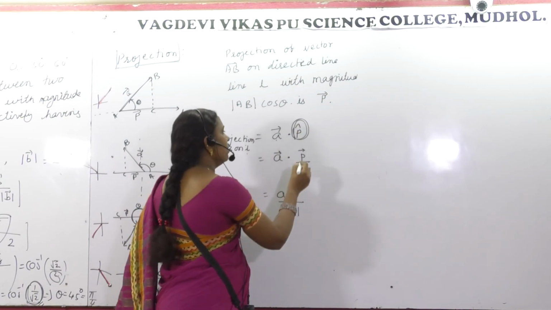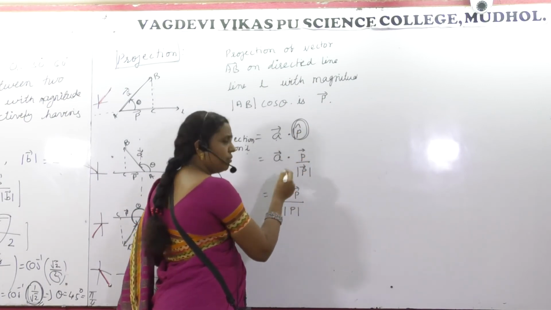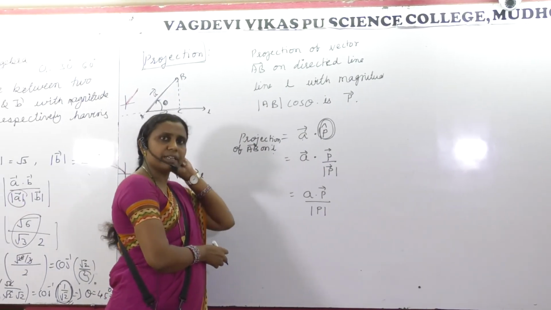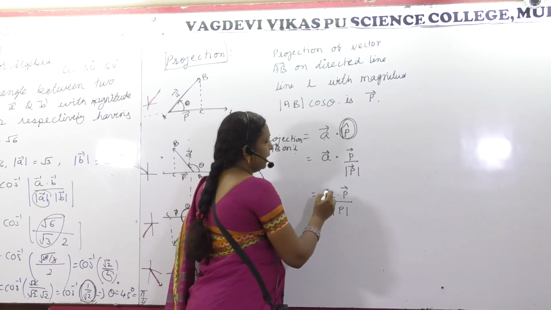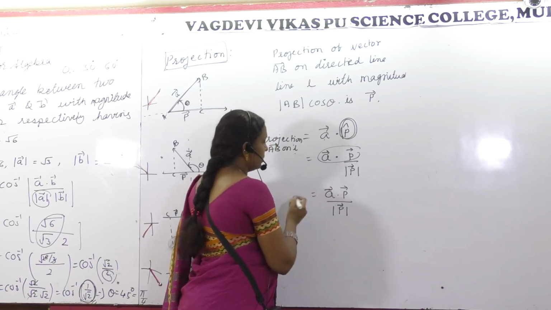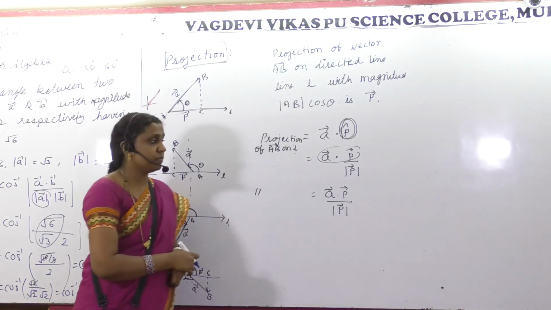You know how to write a unit vector: P vector upon value of P. We already tried many examples to find the unit vector, from vector to unit vector. So A dot P, the value of these two together is the projection.